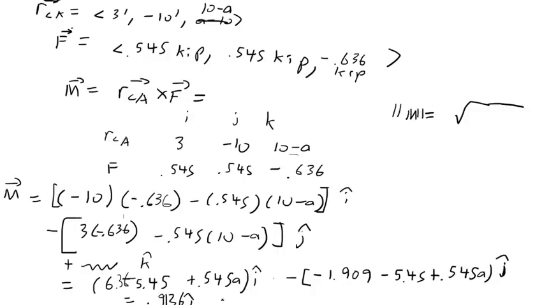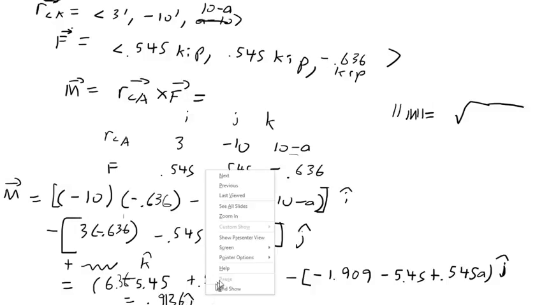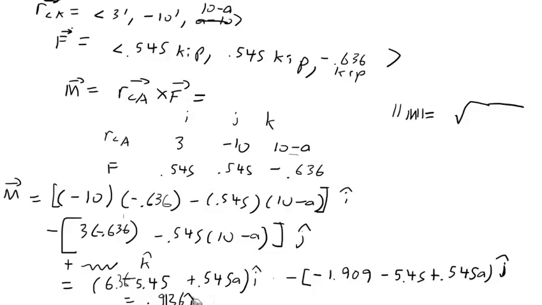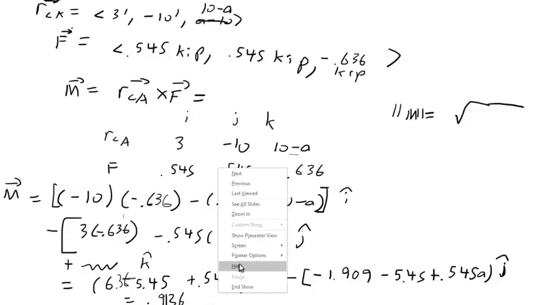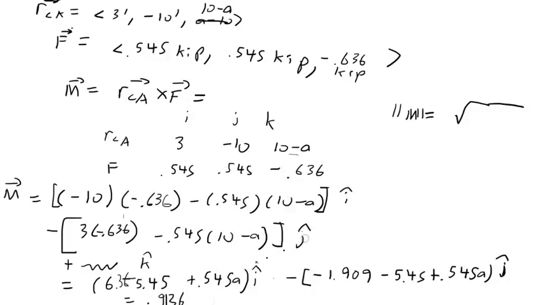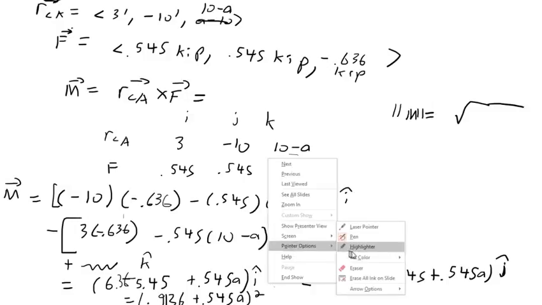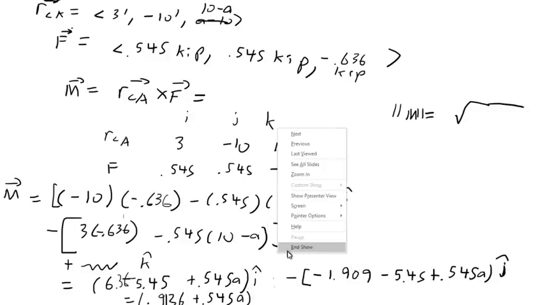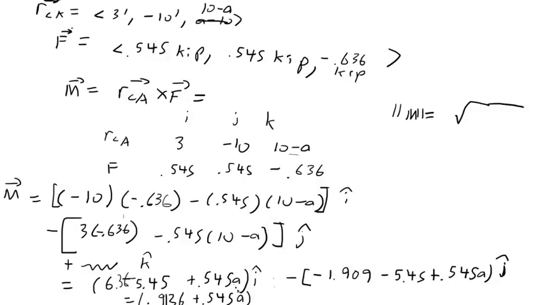Okay, so this then comes to, oh, actually, something's not right here. I forgot my 0.545. Plus 0.545a. Erase like this. i. And then, let's see.